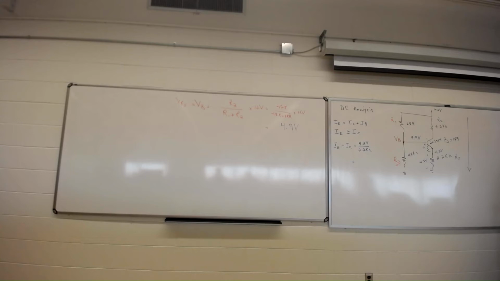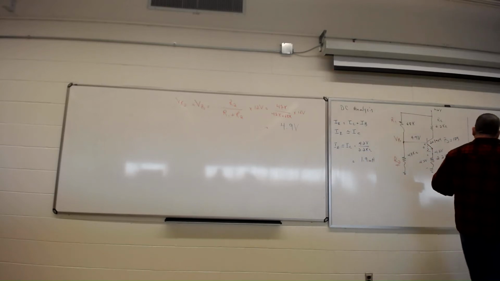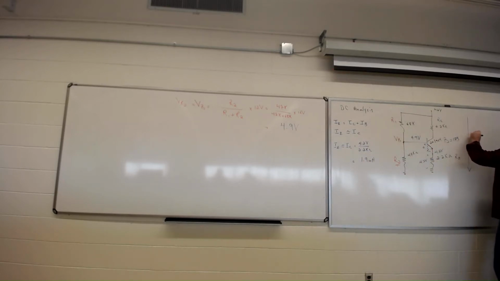Put 4.2 divided by 2.2K through your calculators, and I believe you'll get something like 1.9 milliamps. So the current running through here is 1.9 milliamps.